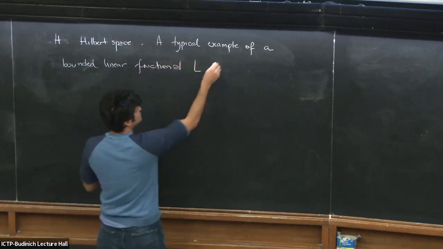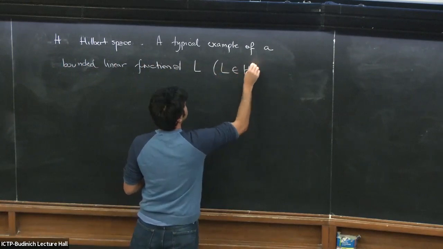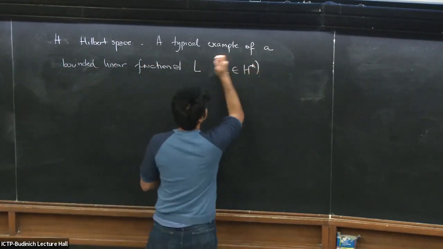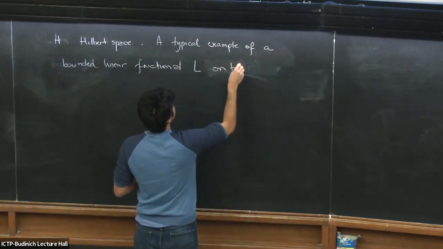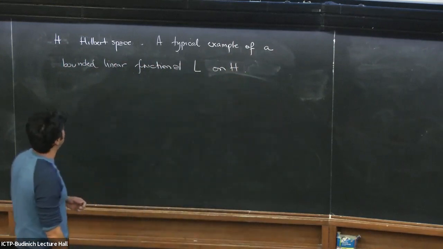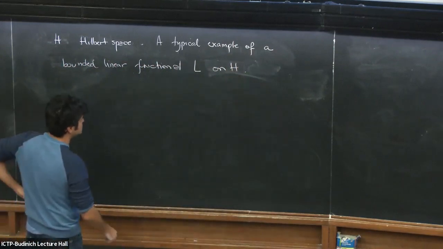So in other words, L, an element in H star. Right? On H. Okay? A typical example of a bounded linear functional L on H is the following.